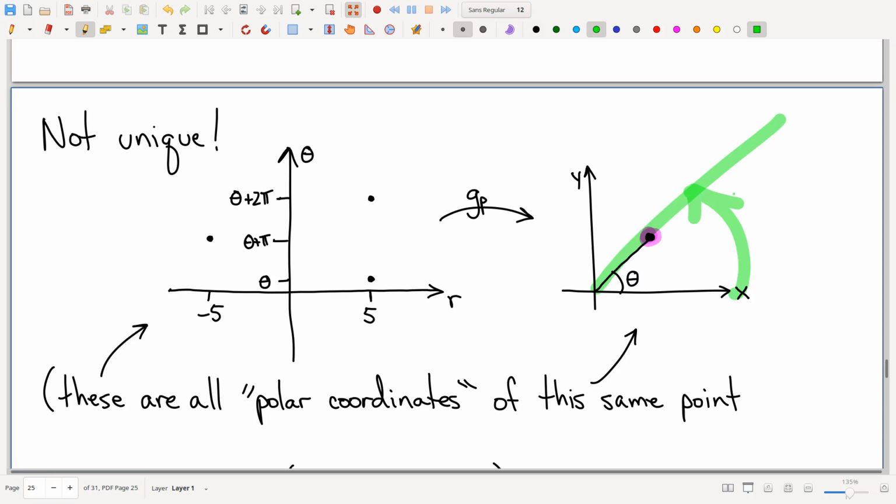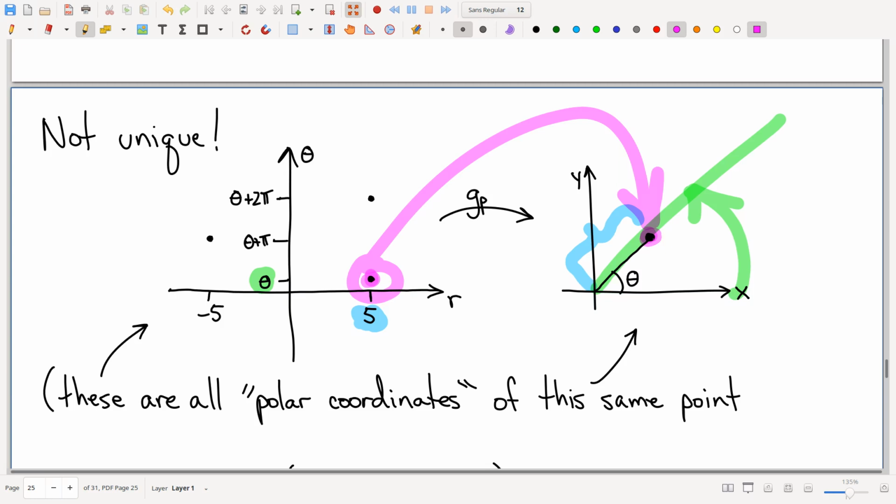And doesn't that just tell me what my theta is? And then, of course, there is a how far that tells me how far to go in that direction to get to the point that I want to get to. There's your theta. There's your r. How is this not unique?